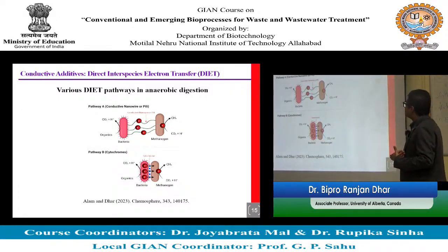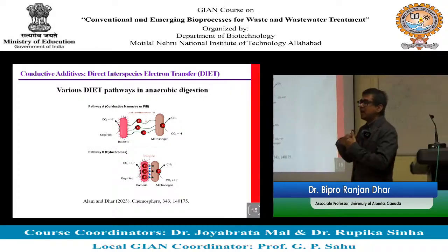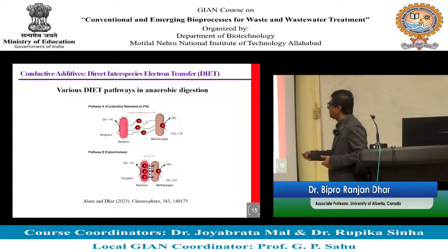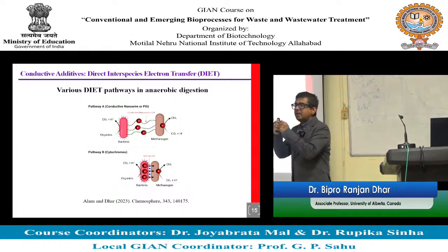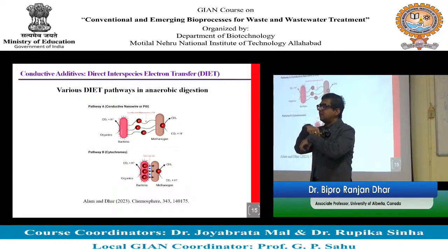They can also use cytochrome. When they are very close to each other, cytochrome can act like a carrier. For example, like yesterday I was mentioning, when cytochromes are within 1 or 2 nanometers of each other, one can be oxidized and the other can be reduced, right?